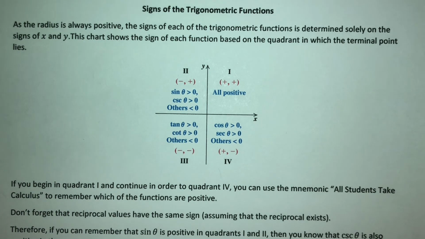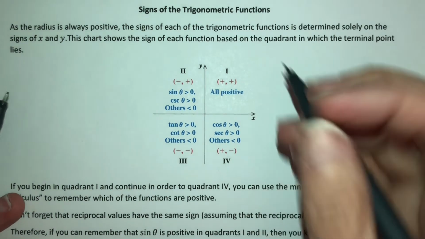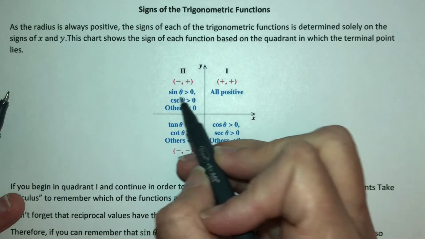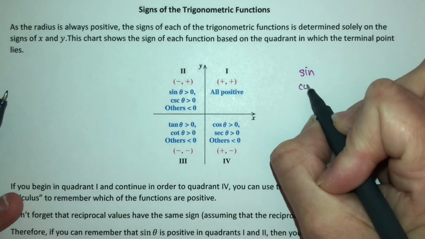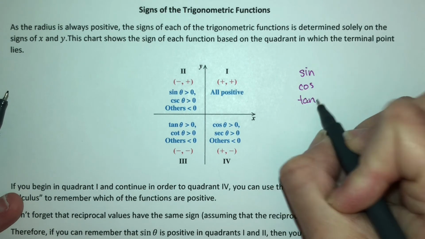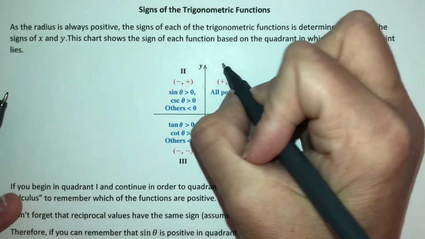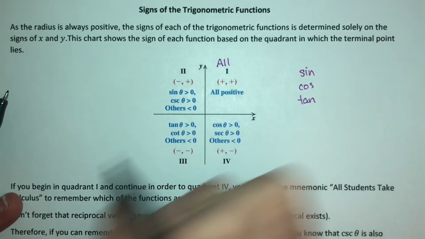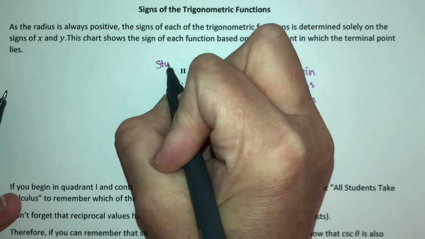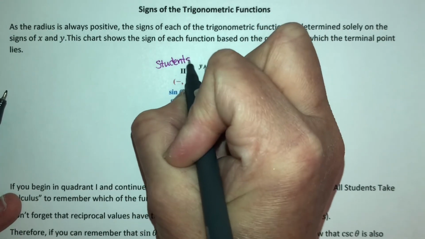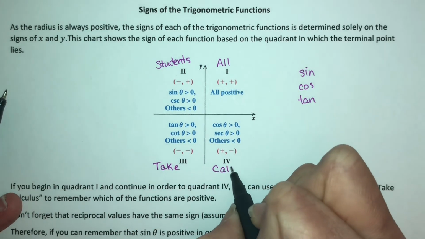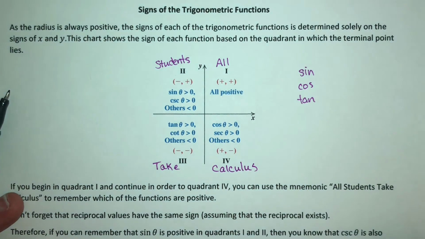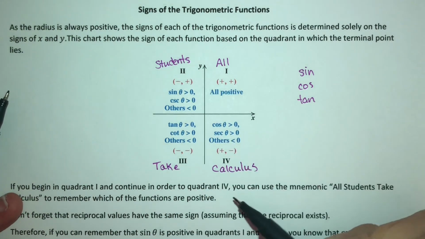But if you just want to remember the easiest way to do this, don't worry about the reciprocal functions. So we're just going to go sine, cosine, and tangent. Okay? And think of it this way. All students take calculus. And this will tell you which of these is positive.